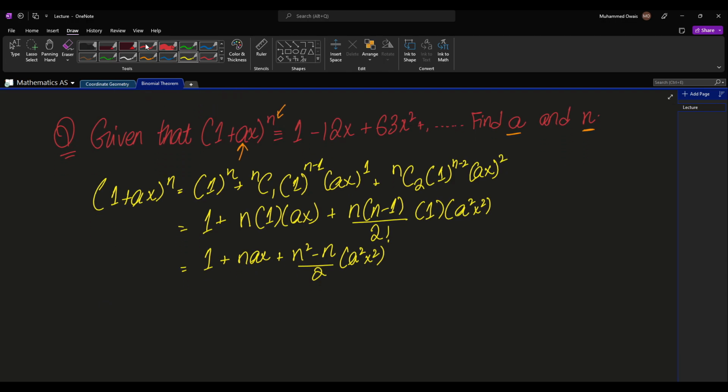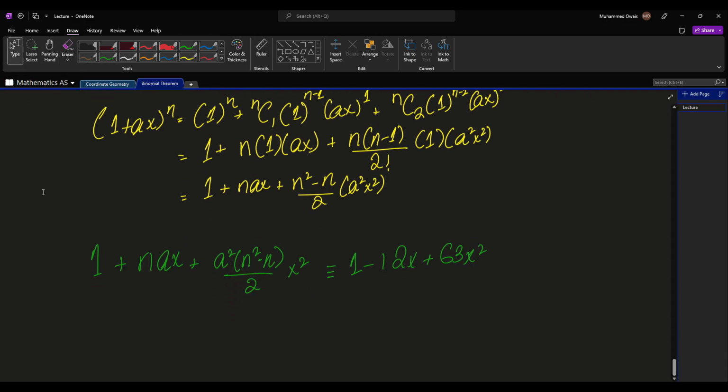All right, so I will write 1 plus nax plus a square into n square minus n over 2 x square, right? I just did this to make it easier for me to recognize which is the coefficient of which, is equals to 1 minus 12x plus 63 x square.